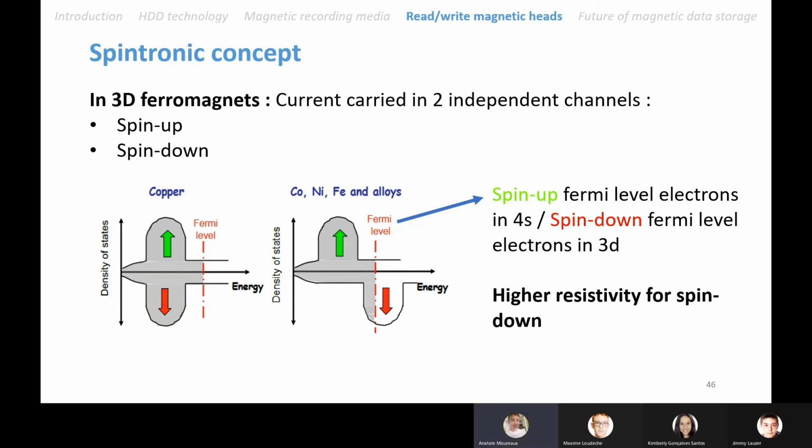Thus, in the figure on the slide, where the density of states at the Fermi level is much larger for the spin-down electrons than for the spin-up electrons, electrons in the spin-down channel suffer a higher scattering rate and have a lower mobility than the electrons in the spin-up channel. It follows that there is a significant difference in resistivity for the spin-up electrons and the spin-down electrons.